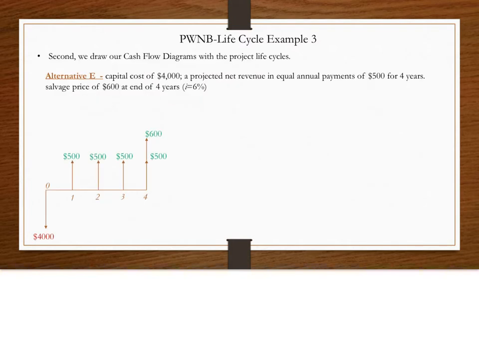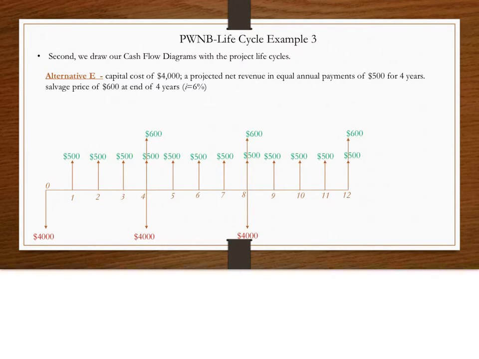So let's look at alternative E first. We set up a cash flow diagram with its normal 4-year project life. We have our $4,000 capital cost, our $500 annual revenue, and a salvage price of $600 at the end of the project. So we repeat the entire cash flow diagram once and then twice until we have 3 life cycles totaling 12 years.